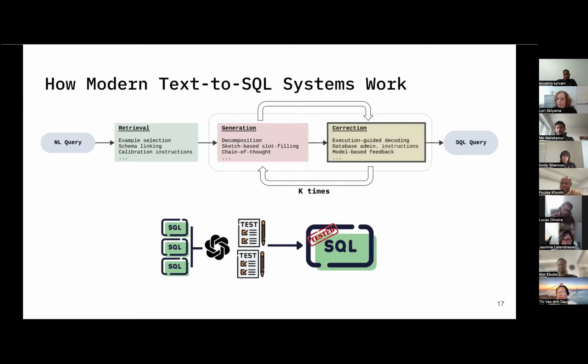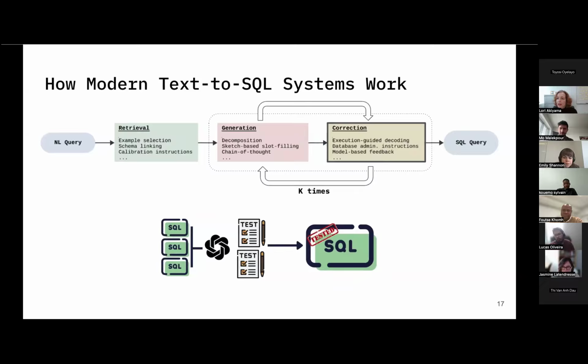Okay, it's like choosing the best option. Yeah, choose the best option. Also, correct any possible errors. Or we use an LLM as a judge to check whether this query seems okay or not. Okay, I see. Thank you. You're welcome.